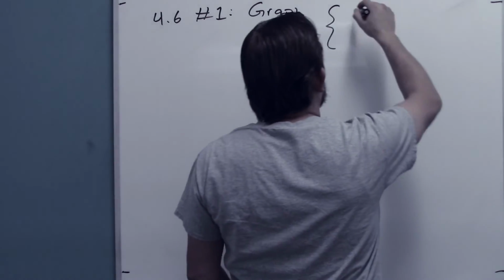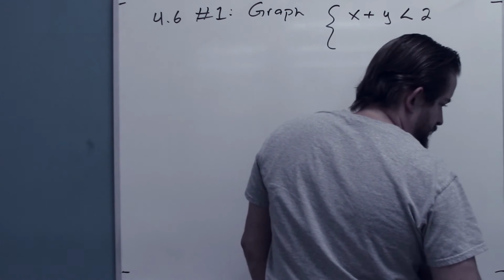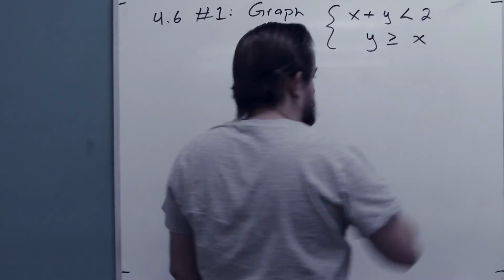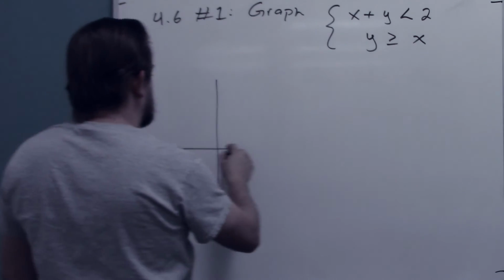X plus y is less than 2, and y is greater than or equal to 2x. Okay, that's my system. So I just graph each of these individually.